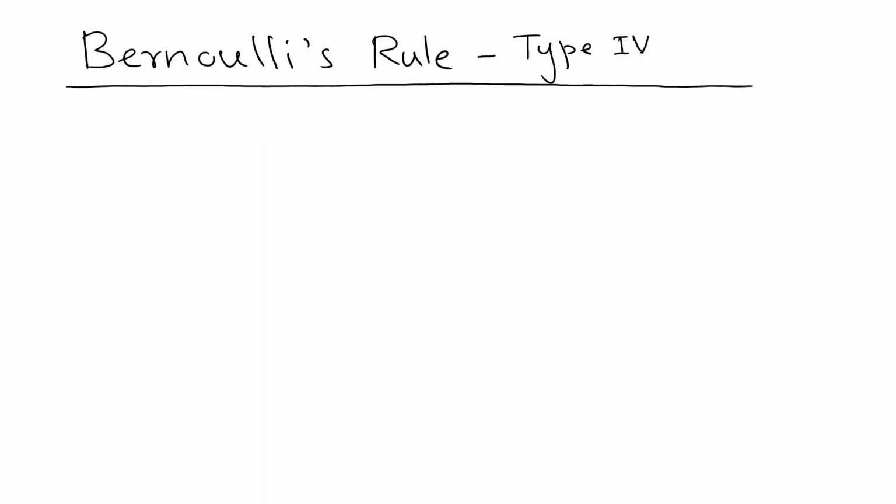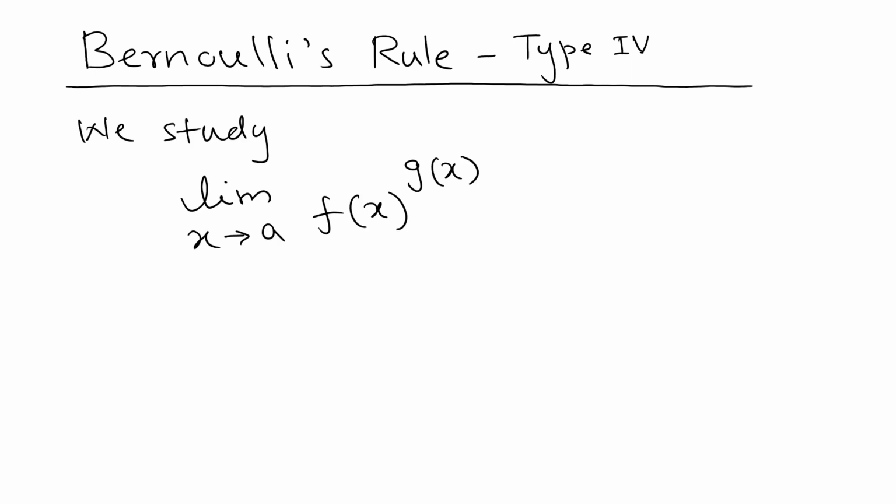So we're going to study a special type in this one, like another indeterminate form. We're going to study what will happen to the power function, when x goes to a, which can be a finite number or infinity. You have powers, f(x) to the g(x). When you have a power like that, several things can happen.